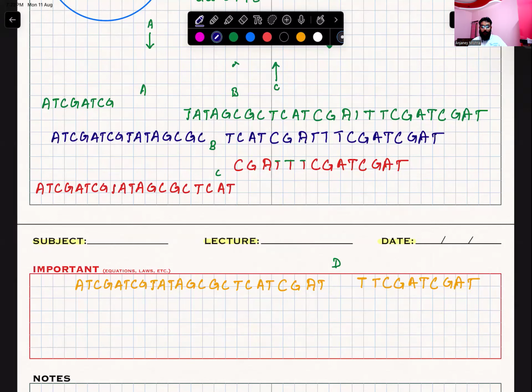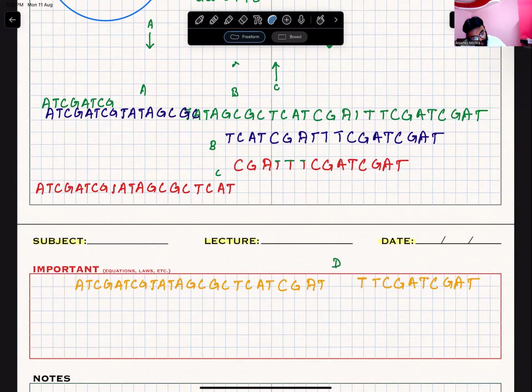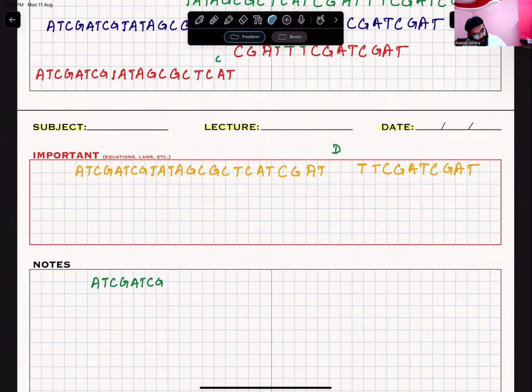But what we are sure about is that because we have cut the same fragment, there will always be some overlapping regions. For example, look at this fragment. Isn't it matching with this one up till here? Let's take out the fragments and arrange them properly.